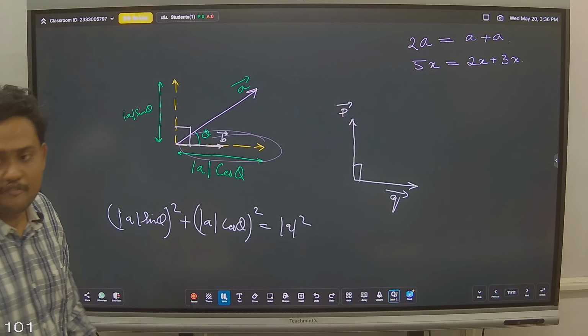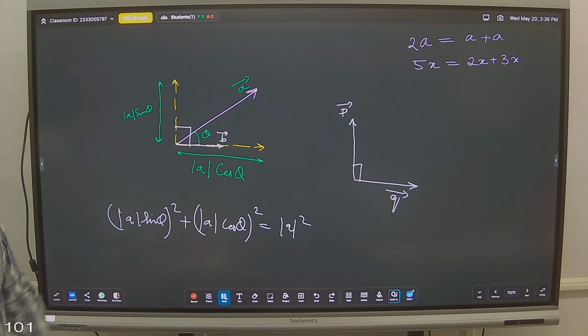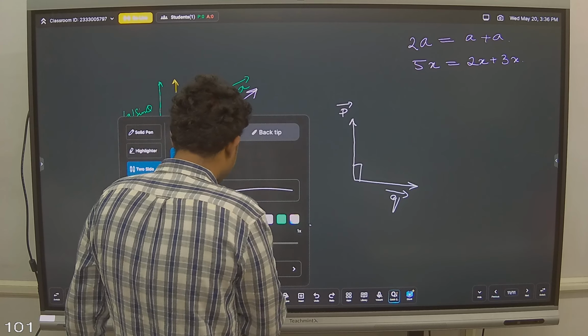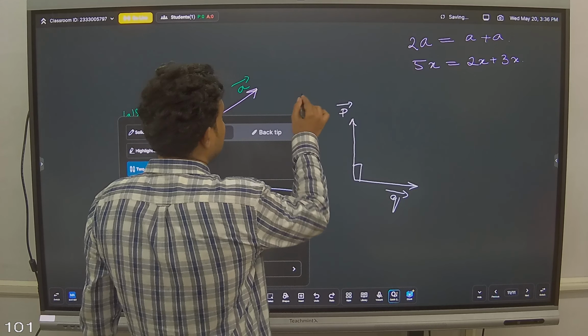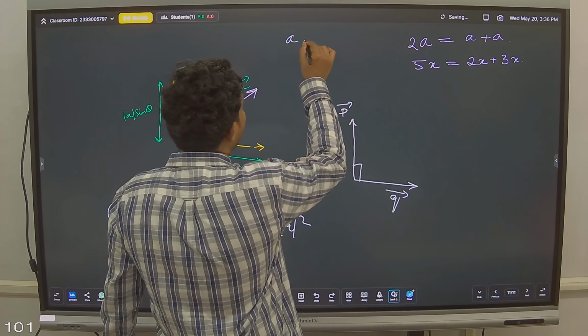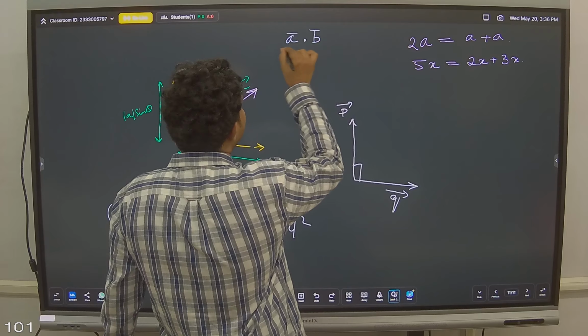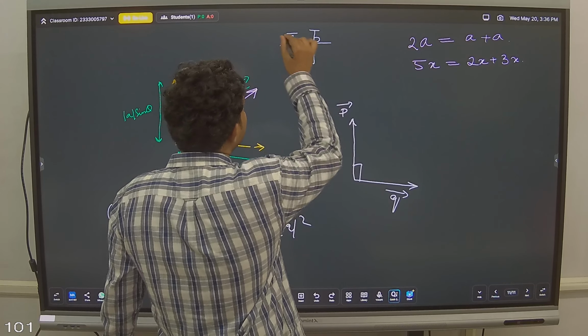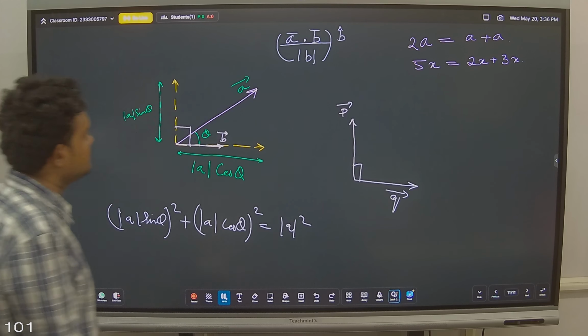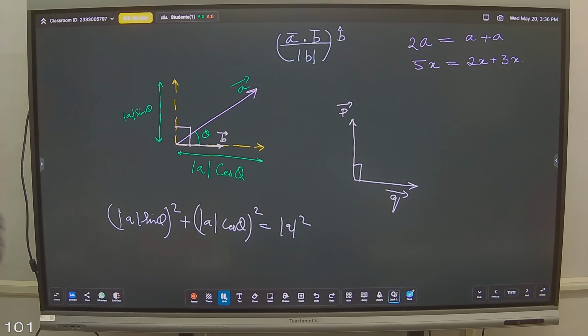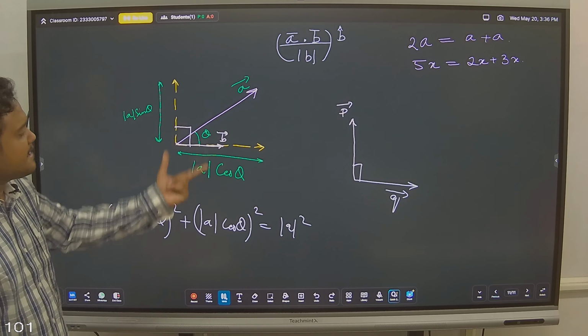You already know. It is going to be A dot B divided by mod B times B cap, right? This is going to be the same as mod A cos theta B cap, which is the vector we want.